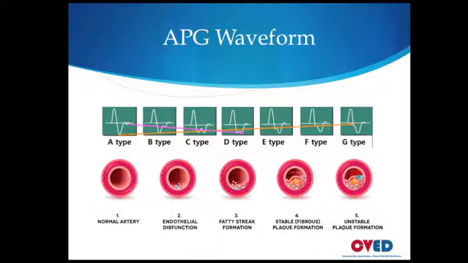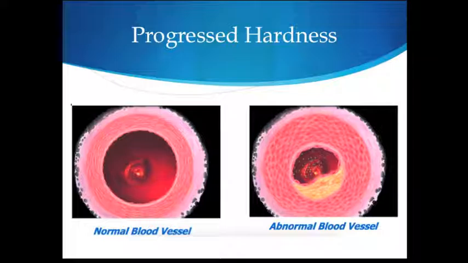So when you look at an A type, followed by the B type all the way to G, A is pretty close to the opposite of the G type, which is going from a normal artery, which you would find in a 9-year-old or a 12-year-old, to a G type, which you would expect to find in someone who's elderly, but more and more commonly these days is actually being found in people in their 30s, their 40s.